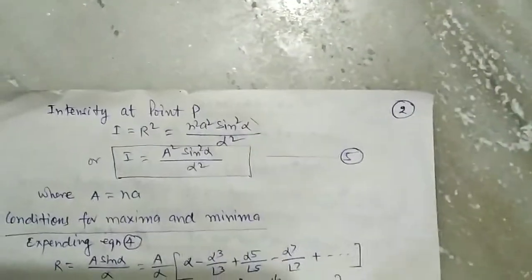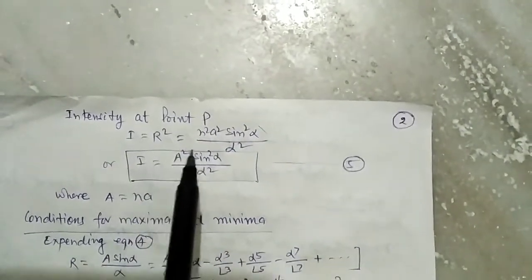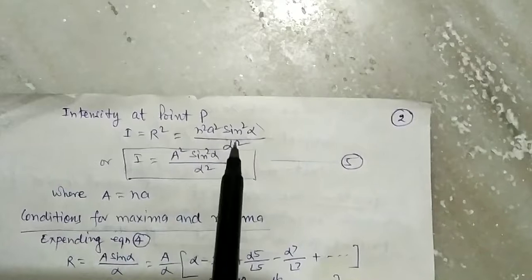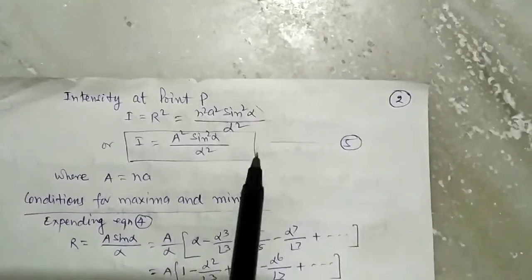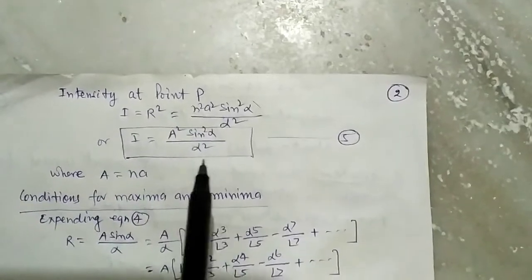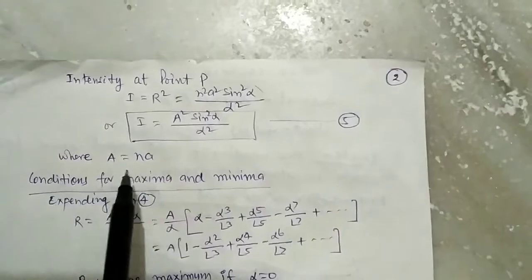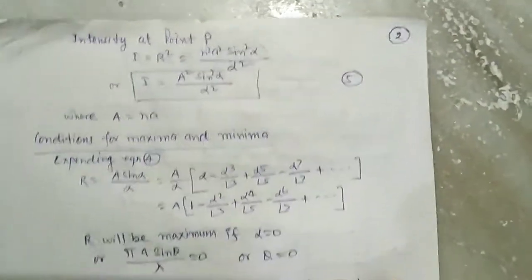Equation number 4. Now the intensity at point P, I, is equal to R square, is equal to n square a square sin square alpha upon alpha square, or I is equal to A square sin square alpha upon alpha square. This is equation number 5, where A is equal to n a.